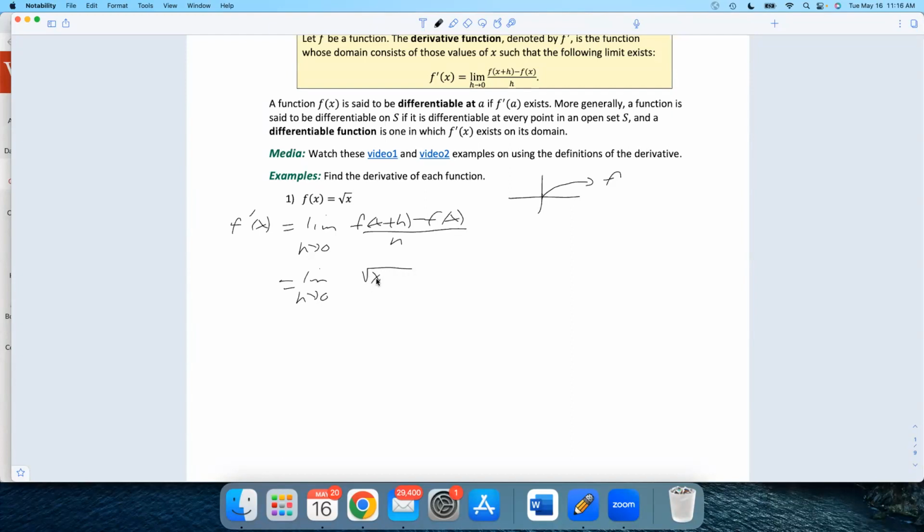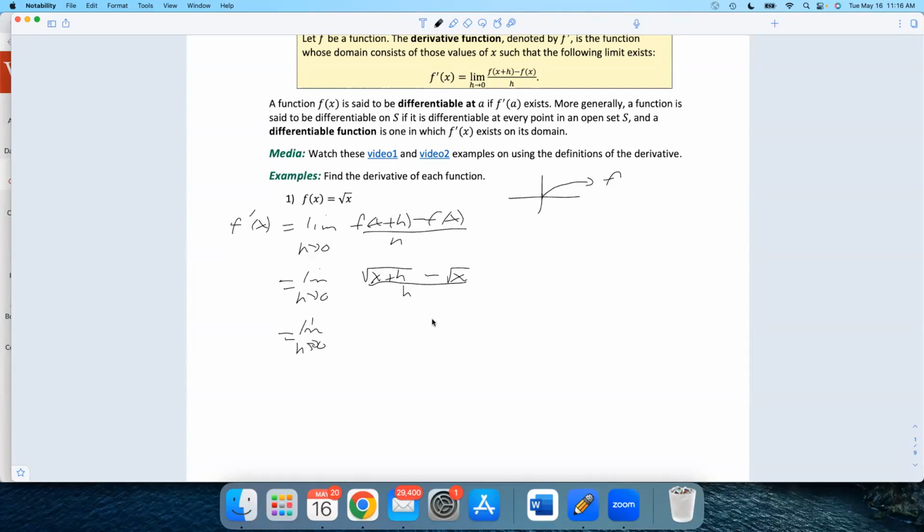So that'll be square root of x plus h. Then from that, we subtract the original, we subtract f of x. And notice this is a fraction that's over h, so this needs to be a fraction over h. And notice we're going to keep writing limit all the way down until we finally take the limit. So limit as h approaches 0.